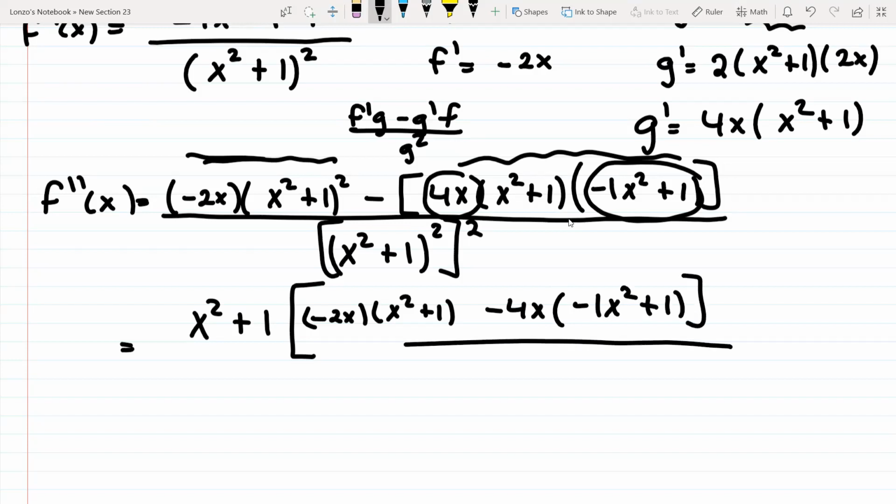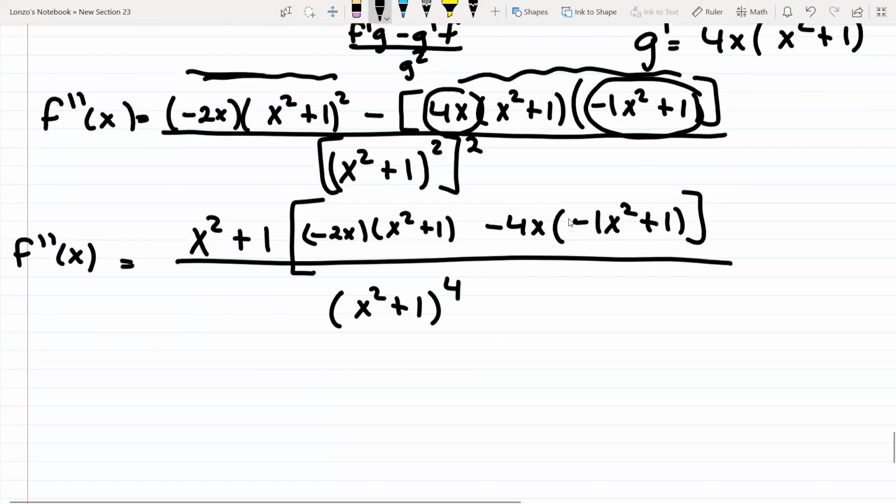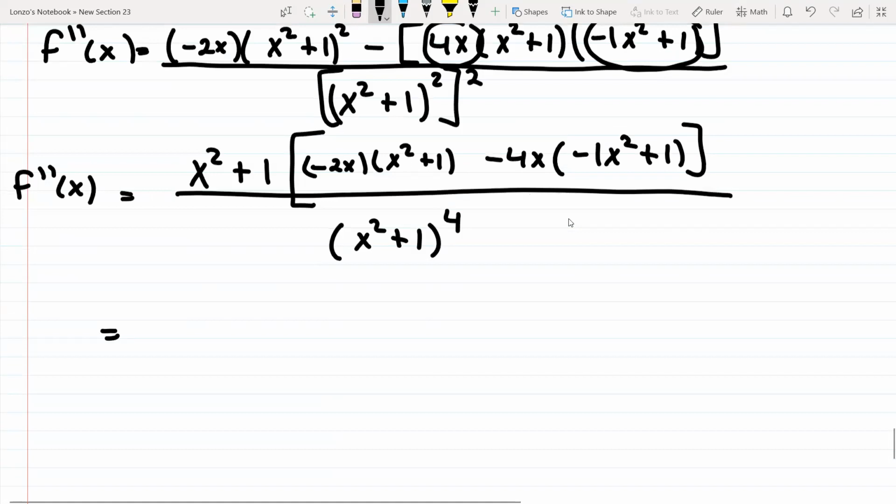And then on the bottom, when you raise a power, x squared plus 1 squared raised to the second is actually going to be x squared plus 1 raised to the fourth. Okay, and then clean it up again. I guess FOIL it out.